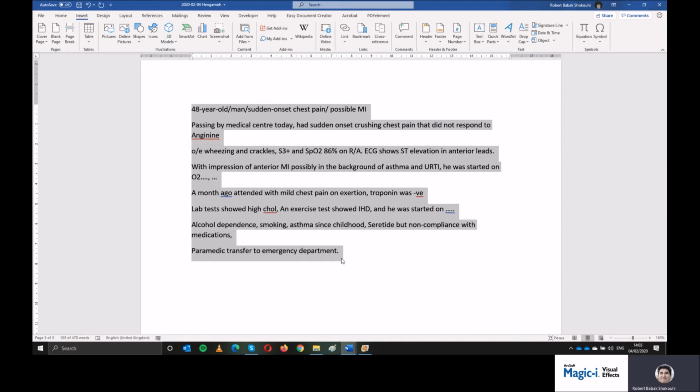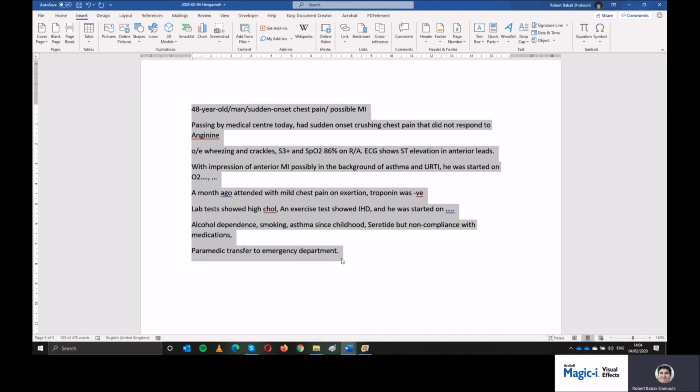And the next thing I do, I call the registrar in the emergency department and I say, look, I have a 48-year-old man with sudden onset chest pain, and the ECG shows he probably has an anterior MI, and I'm going to send him to you. Registrars don't like patients, so they say, tell me how you know that he's got an MI.